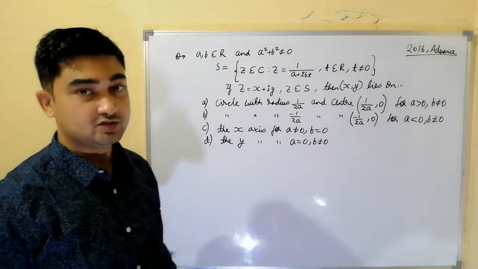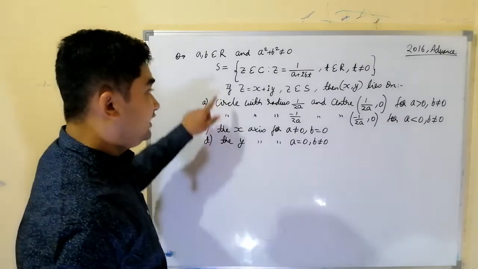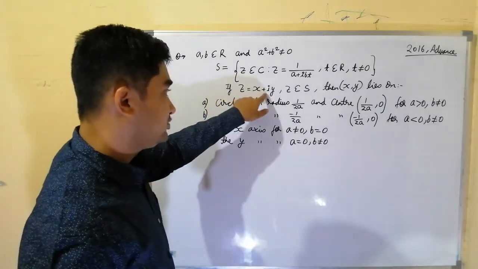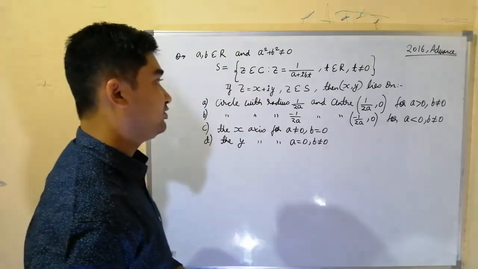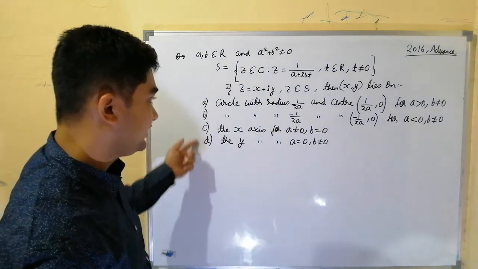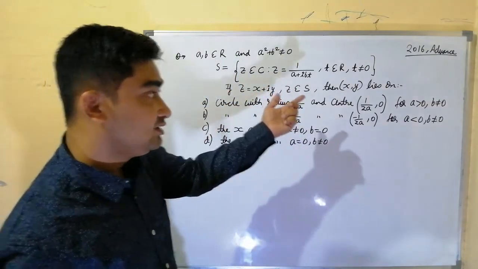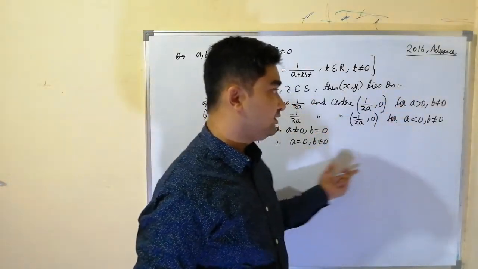And all of us know how to solve a Cartesian equation. In this problem, that thing is also given. They have given z is x plus iota y, and it is a multiple choice problem. We have to find the locus of x and y when certain conditions on a and b are given.